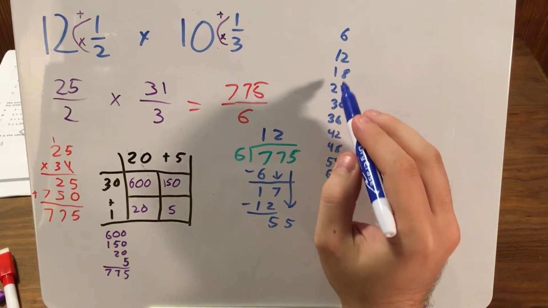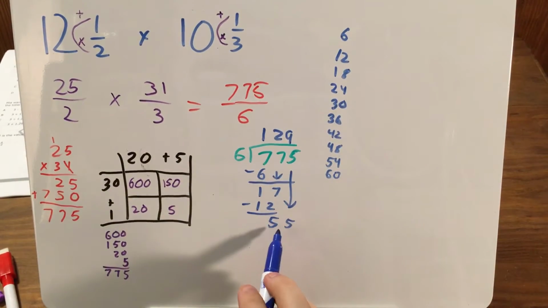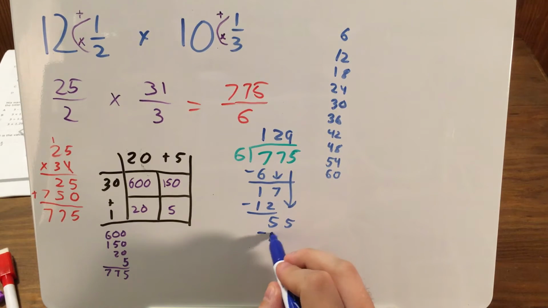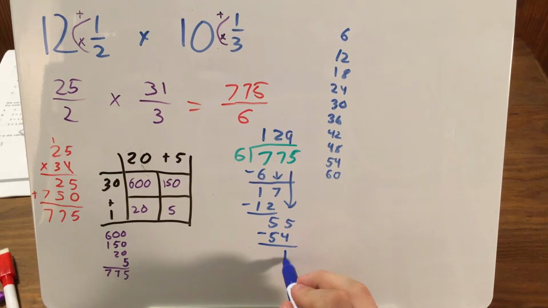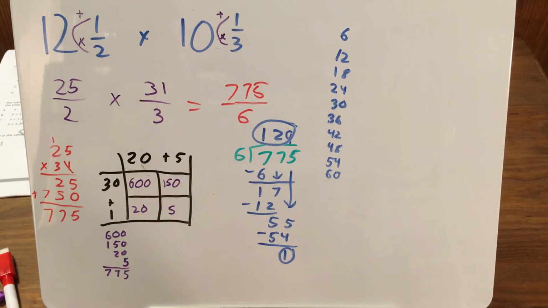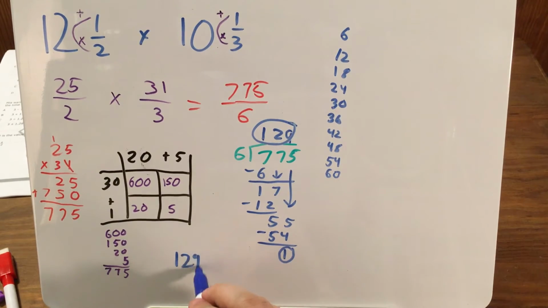So that's 1, 2, 3, 4, 5, 6, 7, 8, 9. 6 can go into 55 9 times. I subtract 54 from that, and I'm just left with 1. So this is another way of getting to that mixed number of 129 and 1/6.